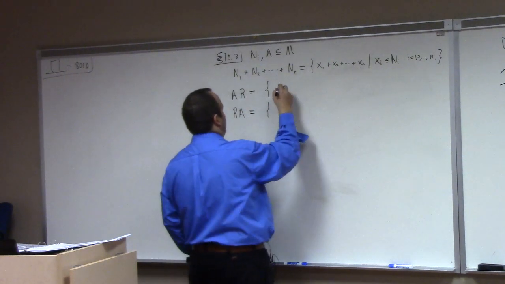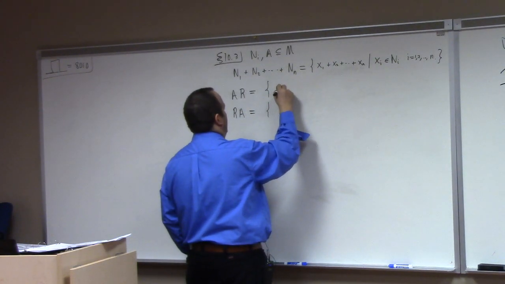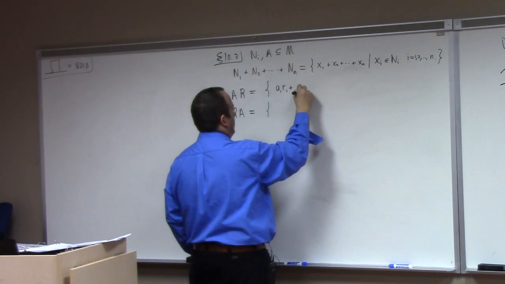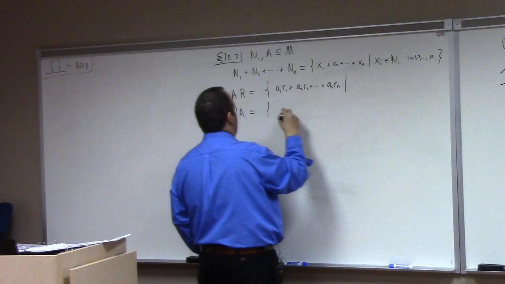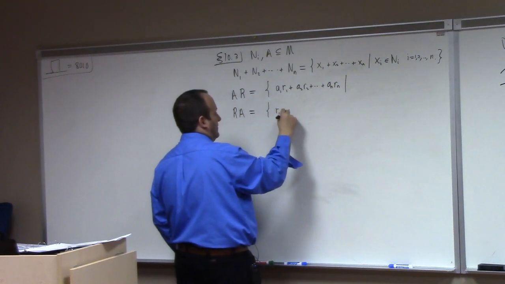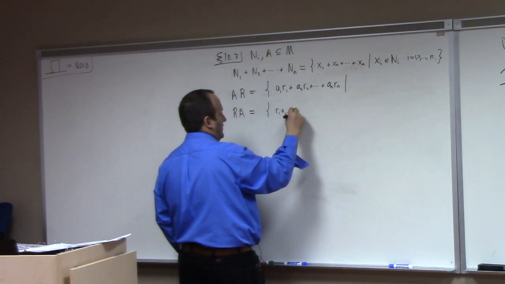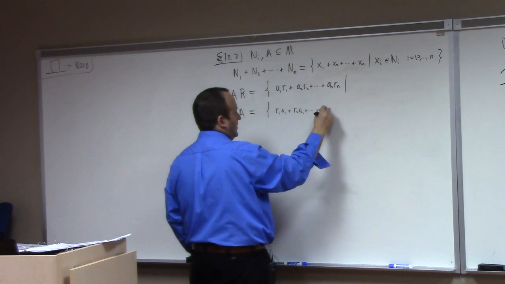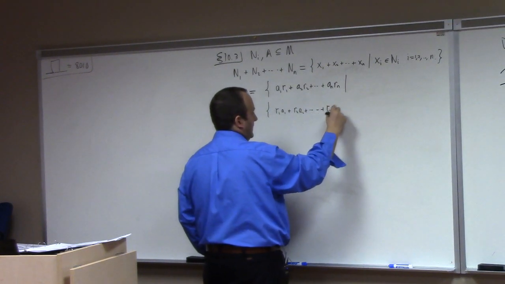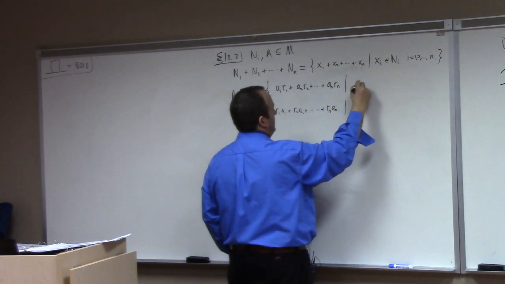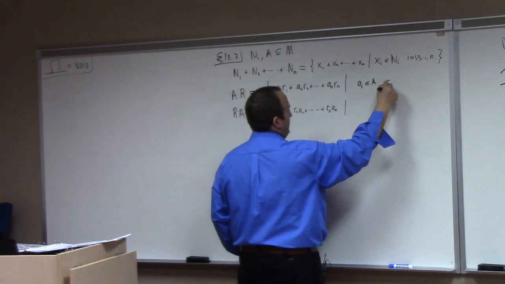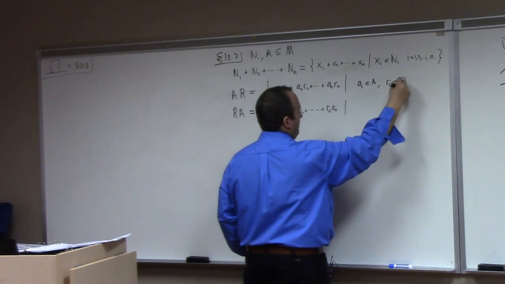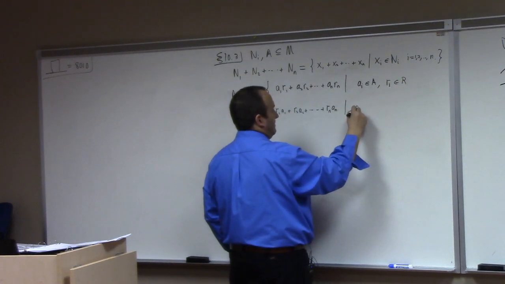So this is by definition a1r1 plus a2r2 plus ... plus anrn. And this one down here would be r1a1 plus r2a2 plus ... plus rnan, such that, of course, the a_i's are in A, and the r_i's are in R, and likewise down here.